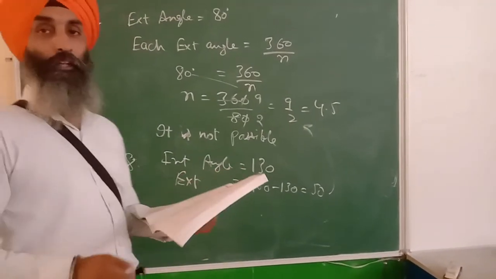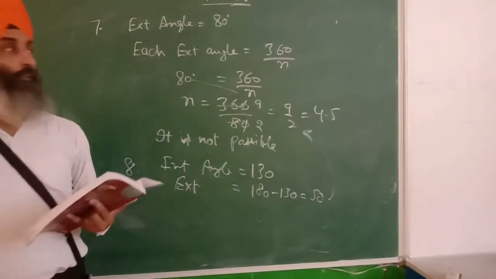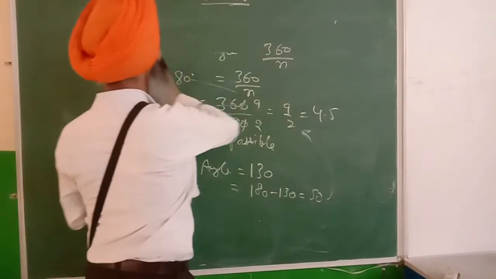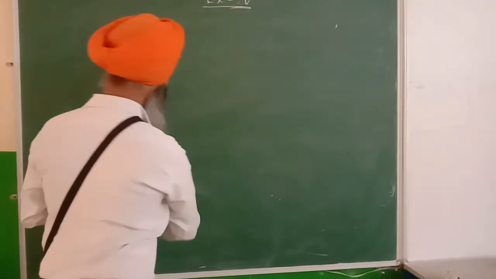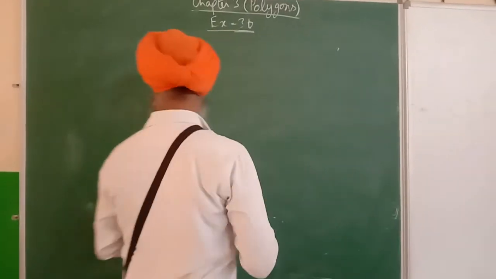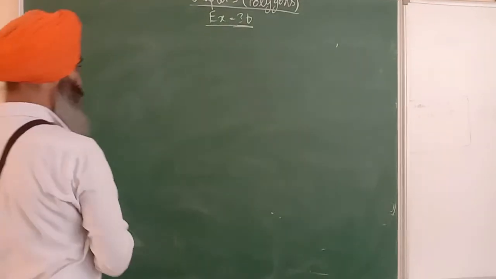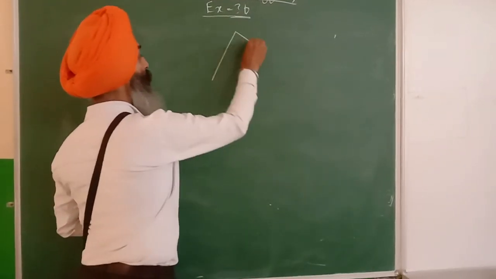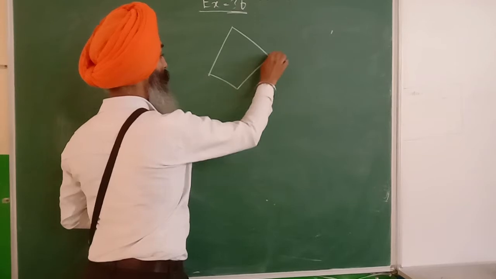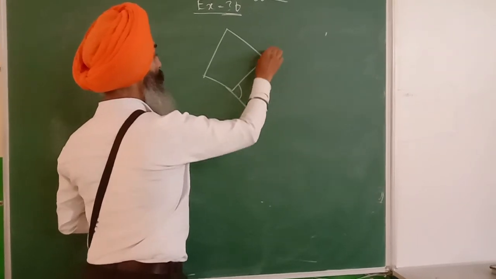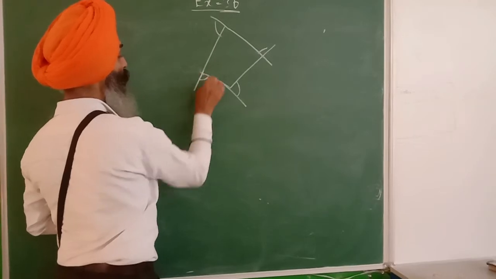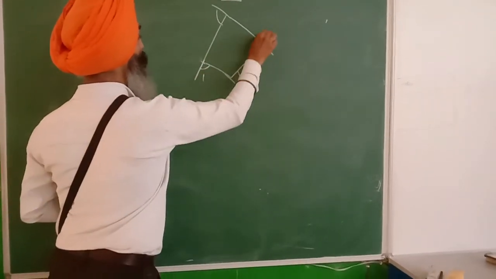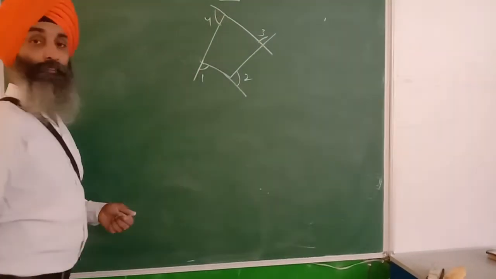So let us discuss the last one, the 10th question, in which you have to find the value of x. In this type of question, remember one thing: angles 1, 2, 3, 4 are all exterior angles.